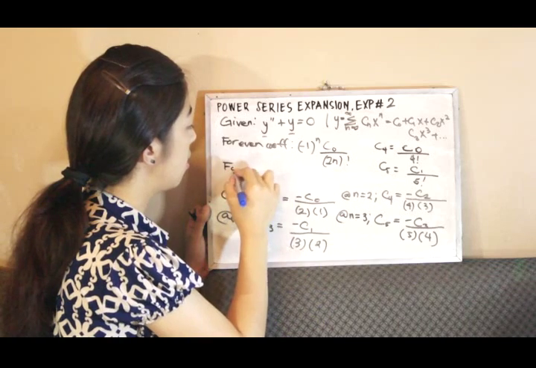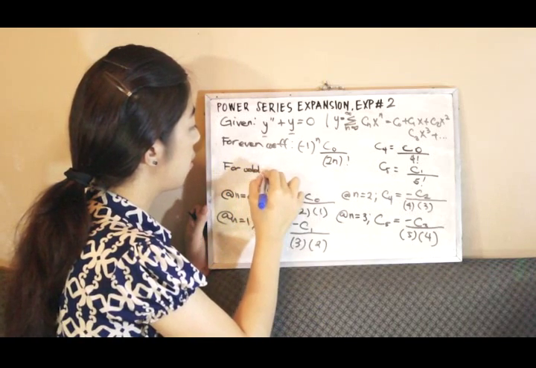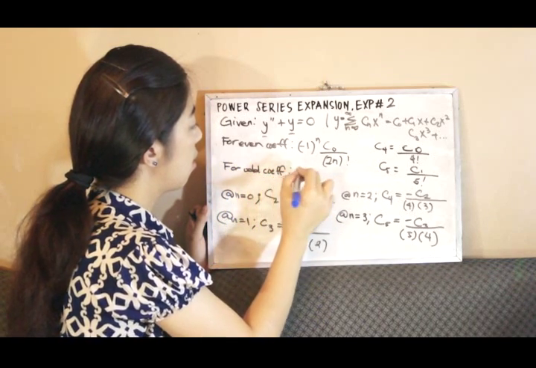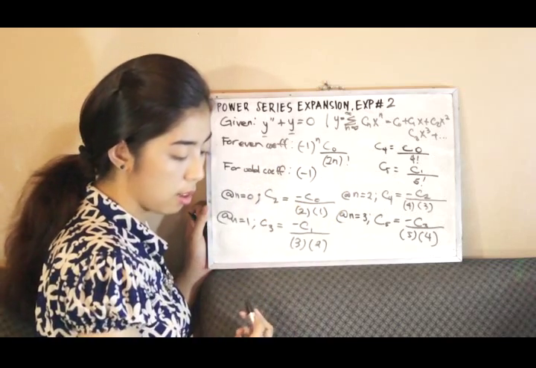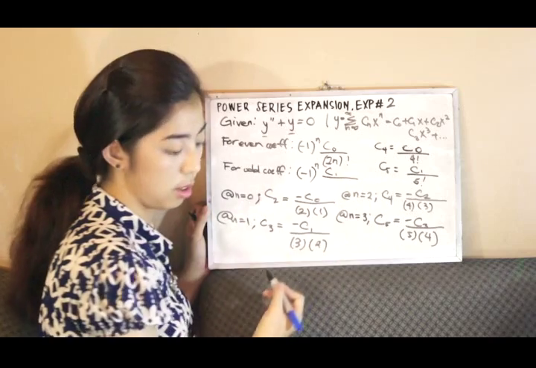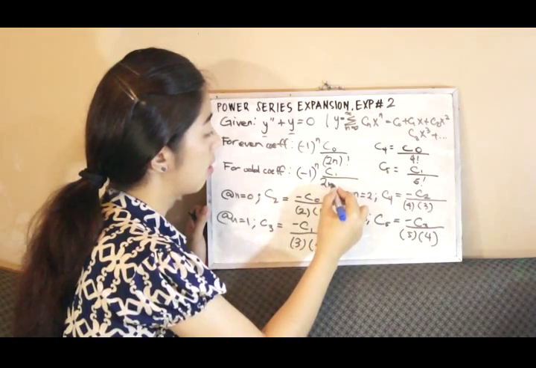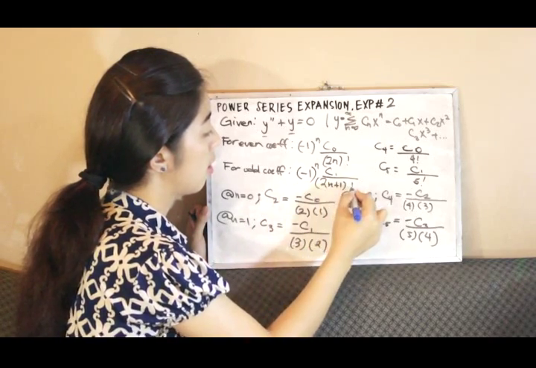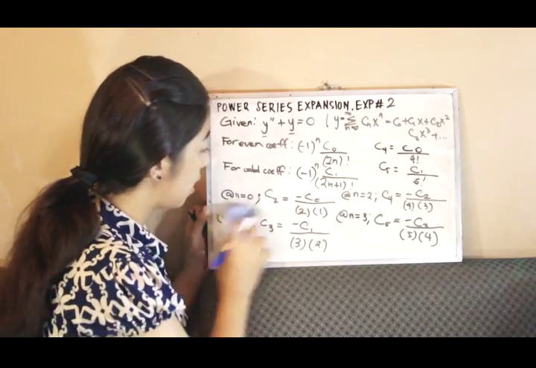And for the odd coefficients, we have negative 1 raised to n, c sub 1 over 2n plus 1 factorial. So we can apply that now.